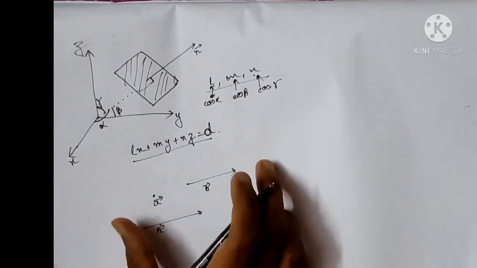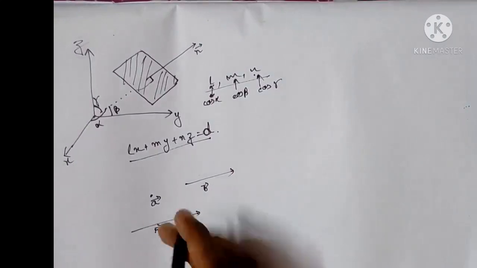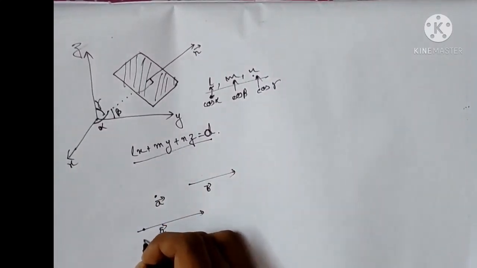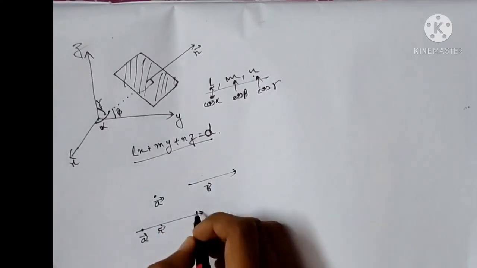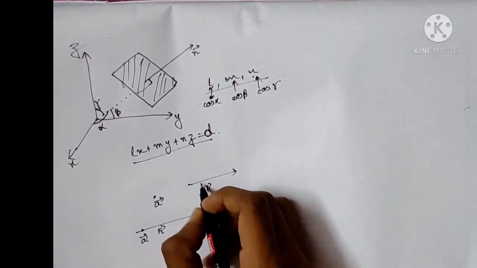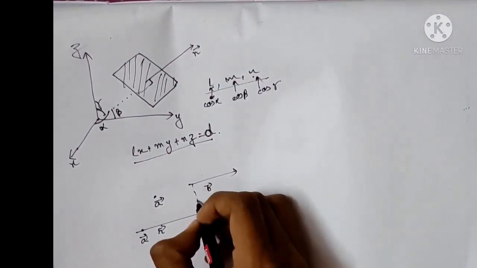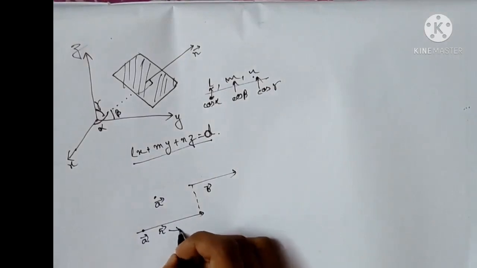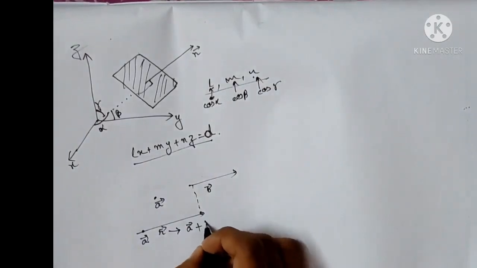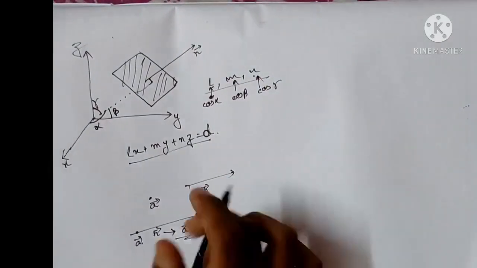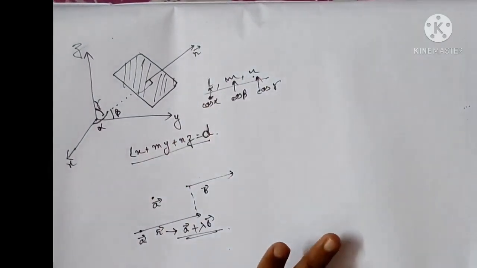Now we don't have any relation that we have to join it from here or here, but this A point must be somewhere on R, right? And this B vector is parallel to this one, this distance would remain the same. So R vector is A vector plus lambda B vector. This was told.